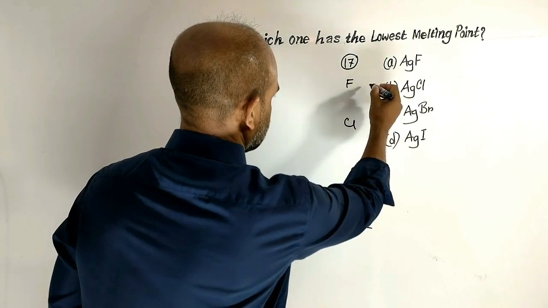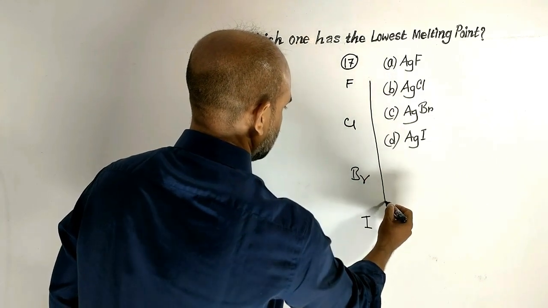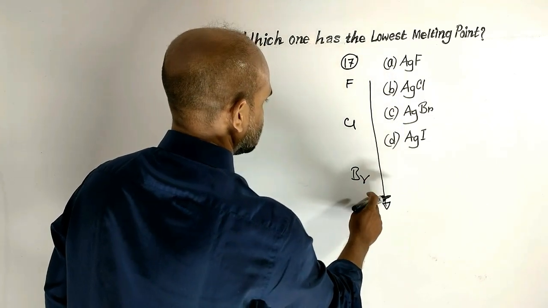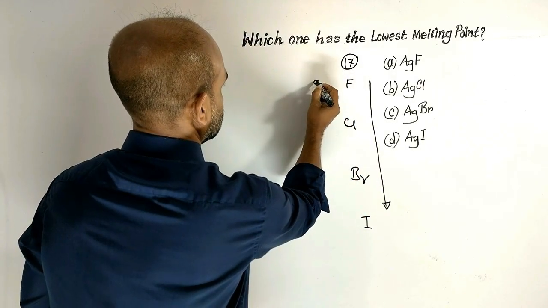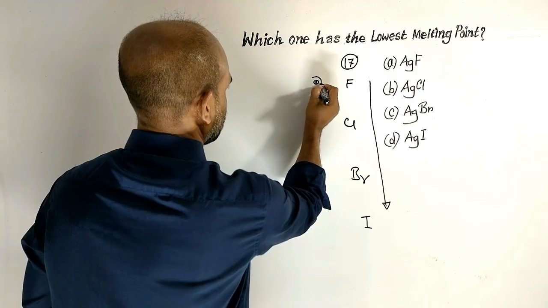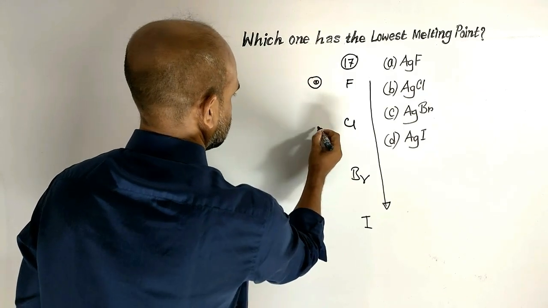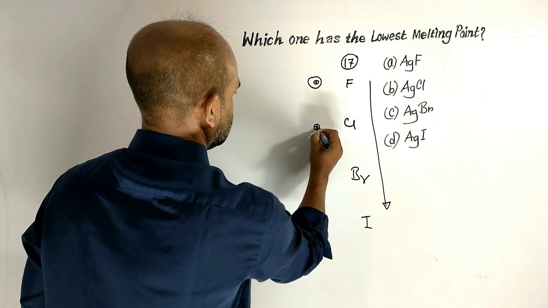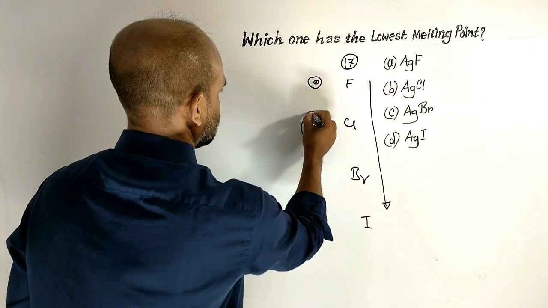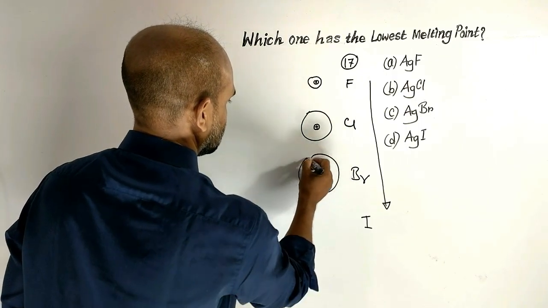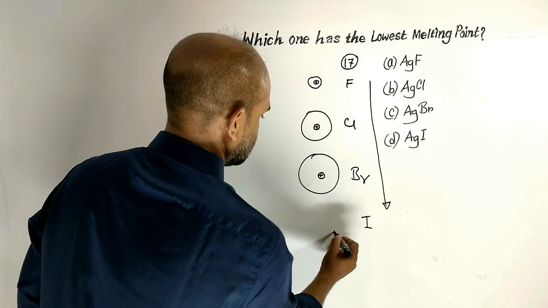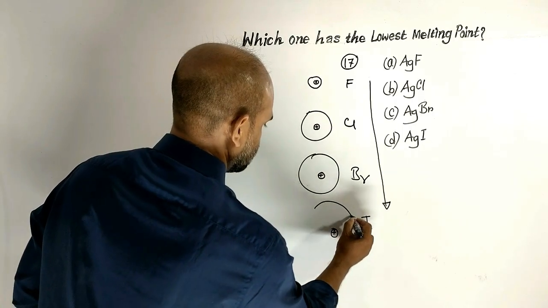We know that from top to bottom, atomic size increases down a group. So fluorine is smaller in size, then chlorine is a bit bigger in size, bromine is bigger still, and iodine is the biggest here.